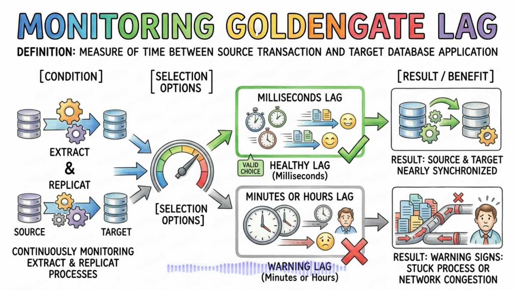After the extract process captures the data, it packages it into universal GoldenGate formats and writes it to a local trail file. It is important to realize that the extract process does not care what type of target database you are using. Its only job is to translate source data into this universal trail file format.